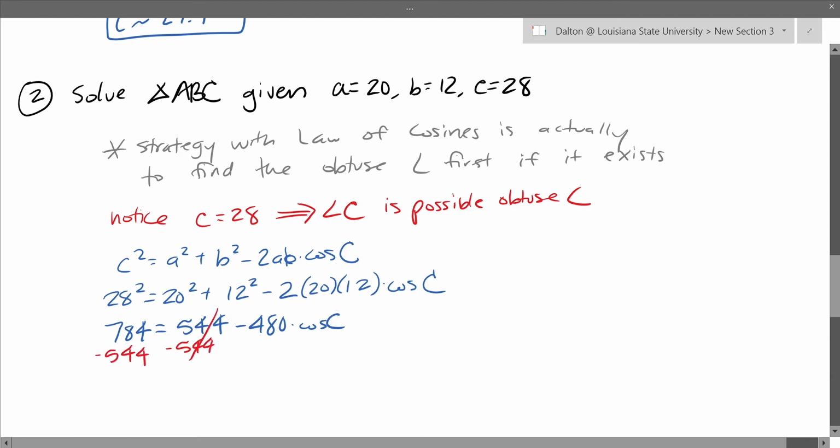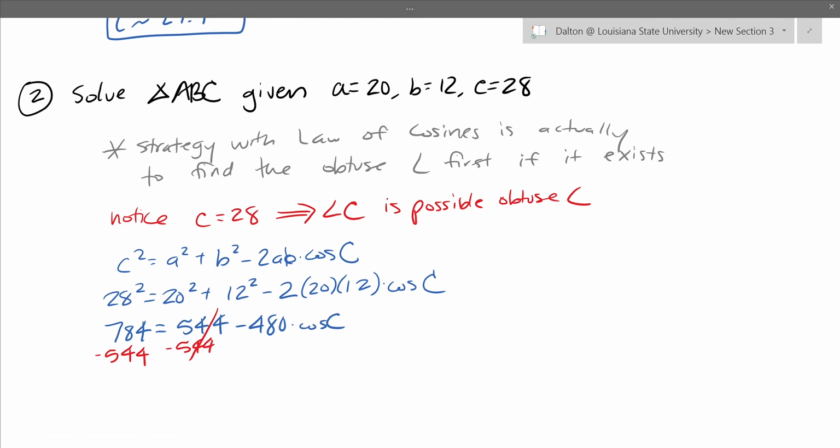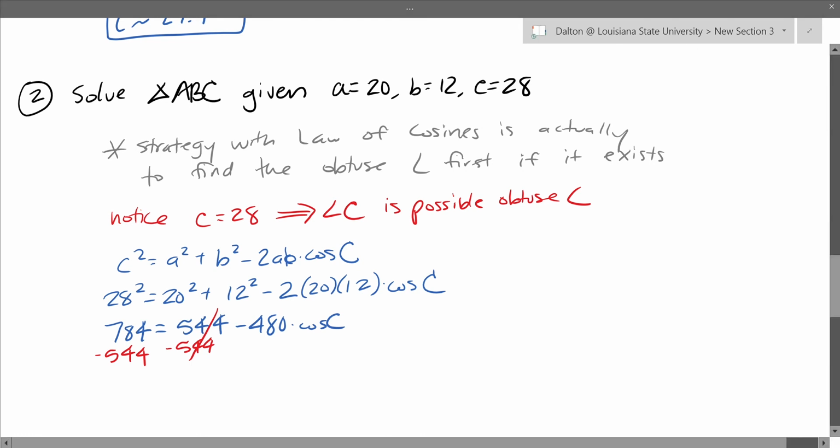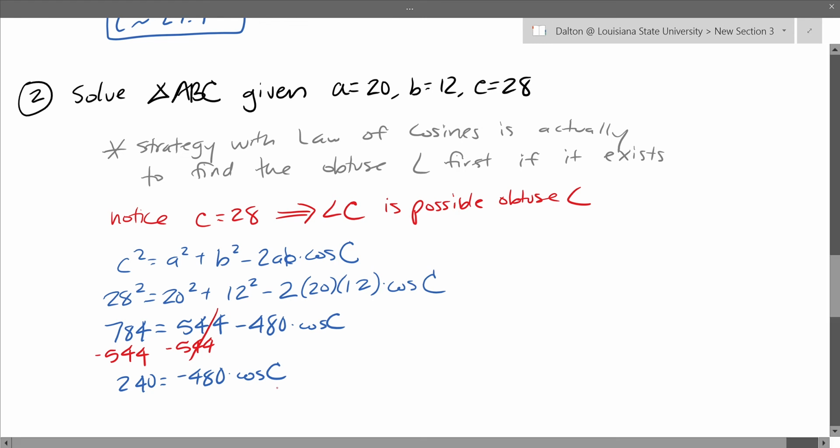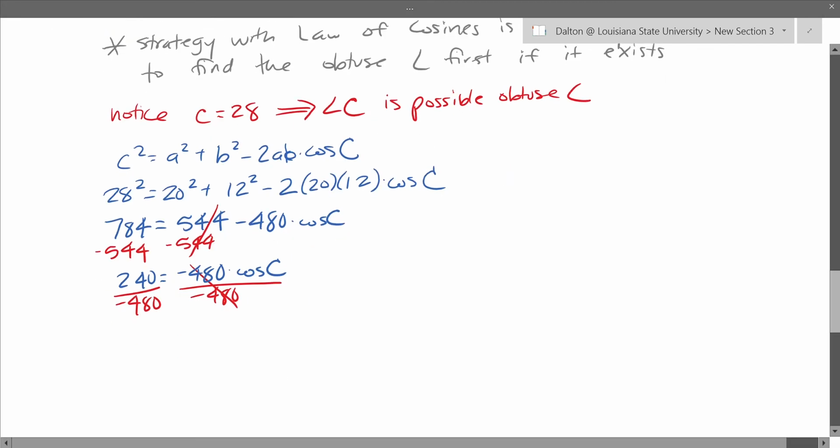So 784 minus 544 is going to equal 240, is equal to negative 480 times the cosine of C. And if I divide both sides by negative 480, I end up with negative 0.5, which is a lovely number for the cosine of C.